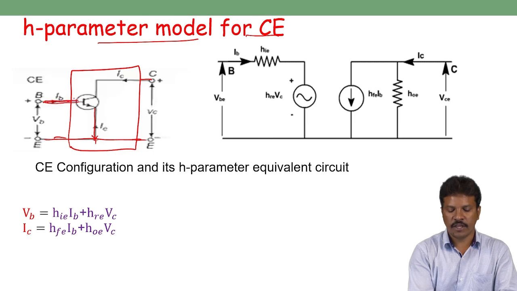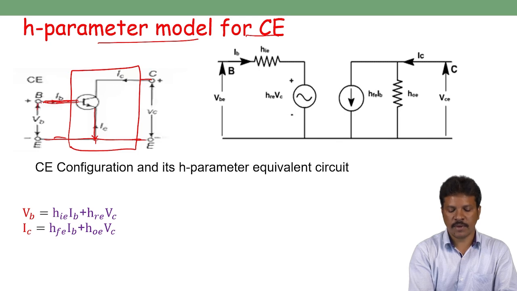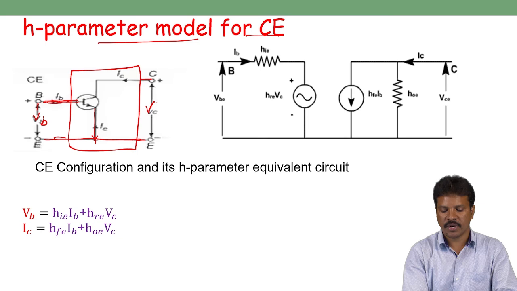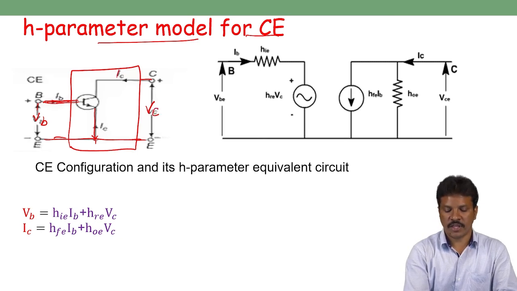So the current flow in the input port or input terminal is called IB because it is a base terminal. The voltage between the base terminal with respect to emitter is VB, and the voltage between the collector terminal with respect to the common terminal emitter is VC, and the current flow in the output port is called IC.